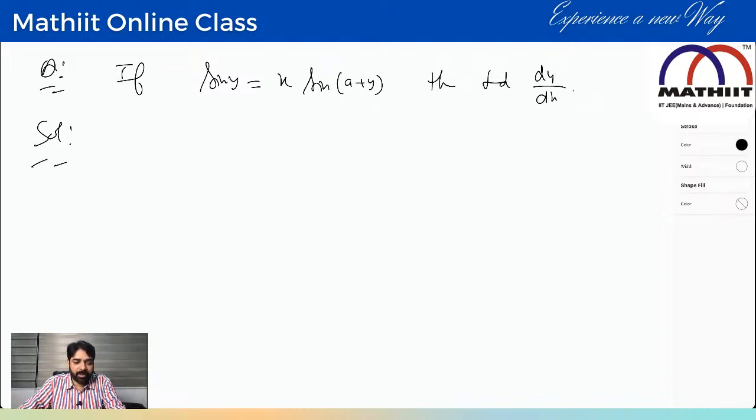I will put the options also so that if anybody is getting it, please tell me which will be the correct option.